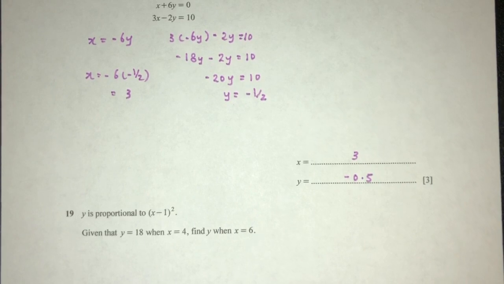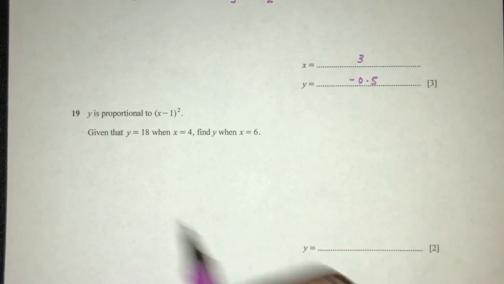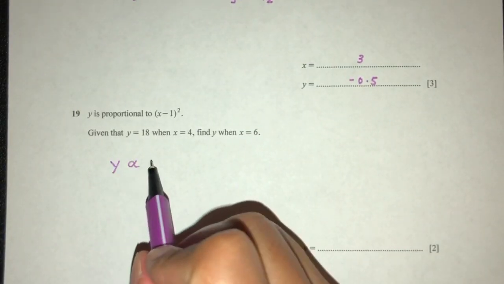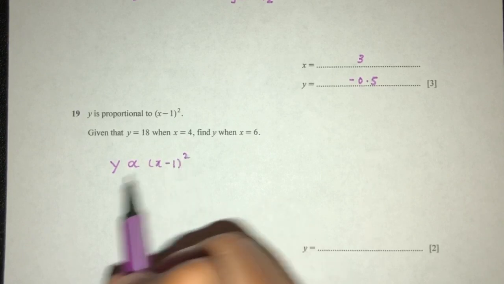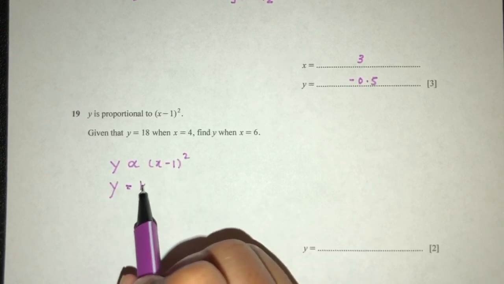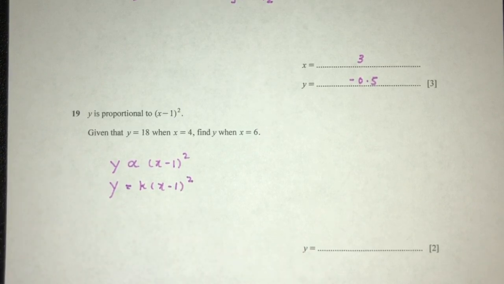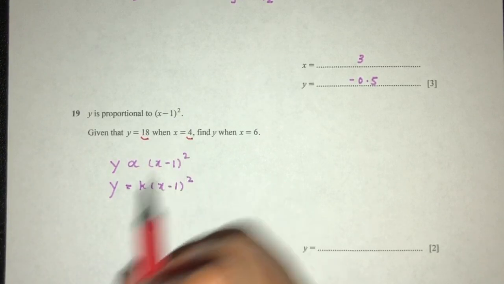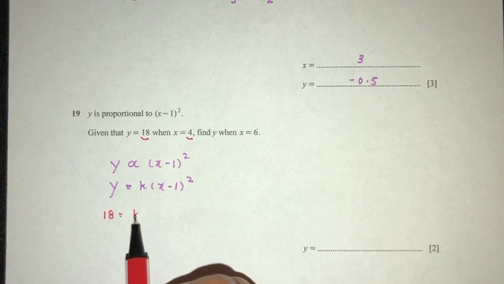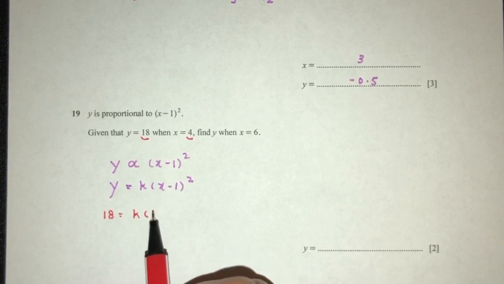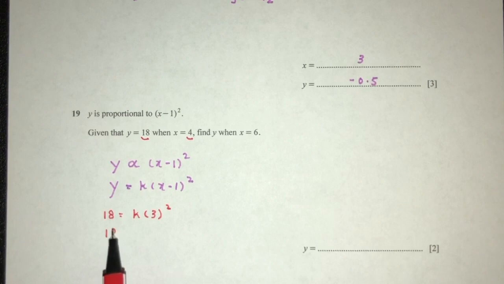That is part 18. Now 19: y is proportional to x minus 1 squared. So we can rewrite this as y equals k times (x minus 1) squared. Now, when y is 18, x is 4. 4 minus 1 is 3, 3 squared is 9. So 18 equals k times 9, so k will be the value of 2.